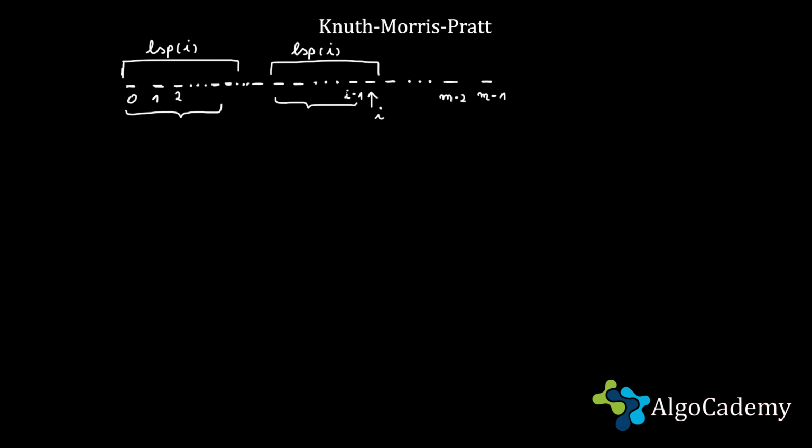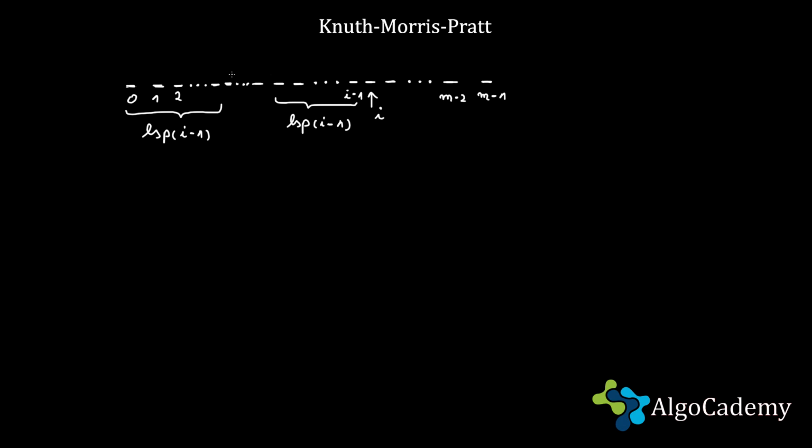The natural thing to do when trying to compute LSP of I is to first take a look at LSP of I minus 1. So let's erase these two for now. Let's suppose that this is LSP of I minus 1. So this is a suffix and it is also a prefix, both of them of length LSP of I minus 1. In the best case scenario, I will be able to extend this prefix and this suffix by one character.